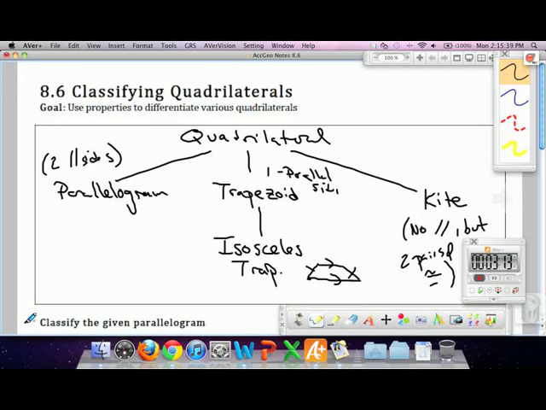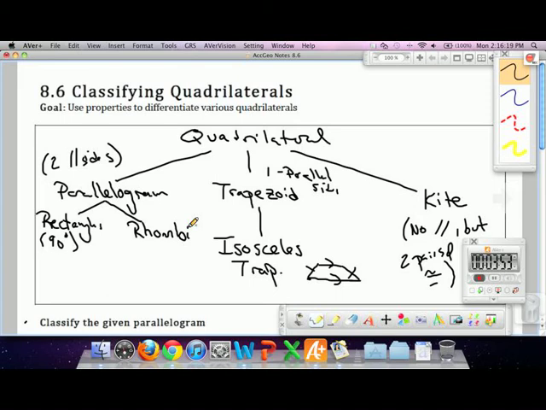Parallelograms, there were 2 special kinds of parallelograms. So there are rectangles. What made a rectangle a rectangle? It's definitely a parallelogram, and we got 90-degree interior angles. We also had rhombi, or a rhombus.